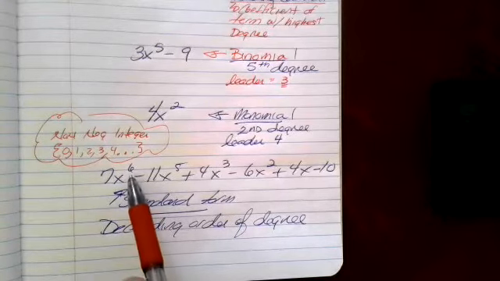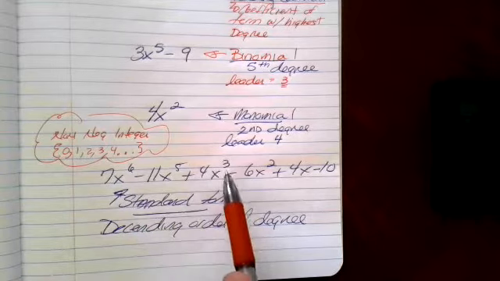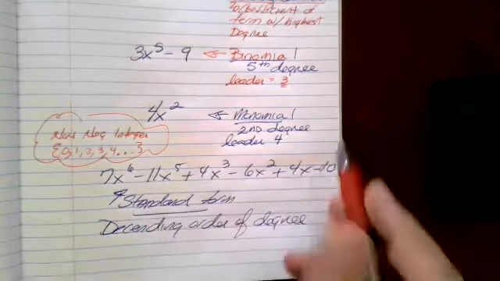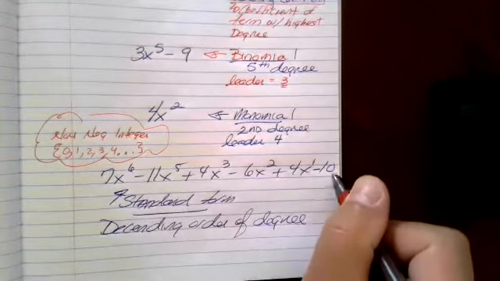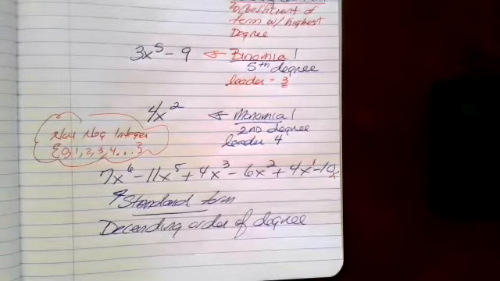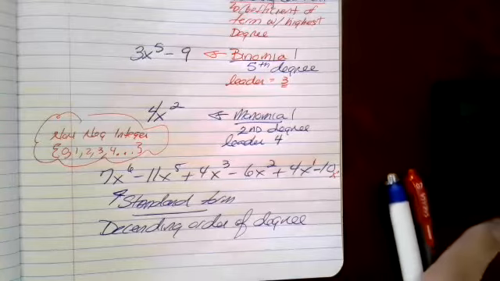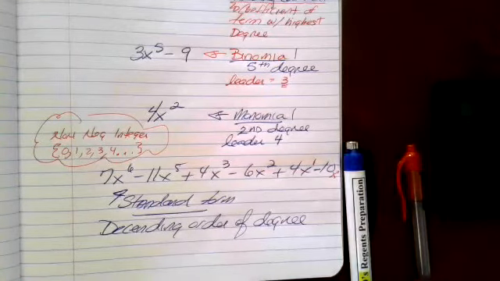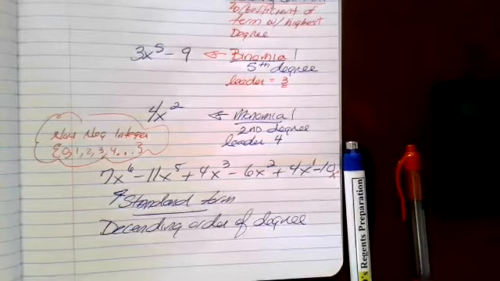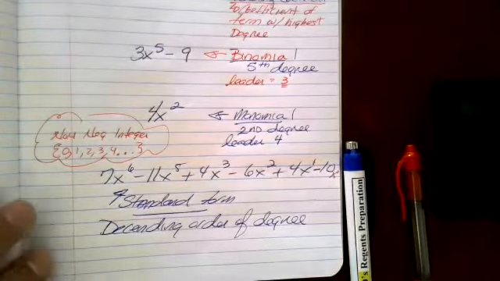That's standard form. 6, 5, 3, 2, 1, 0. So it's in descending order of degree. So that's a short review of polynomials. This section wants us to add and subtract polynomials, which is relatively easy.